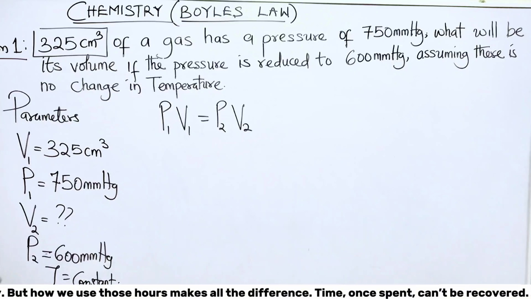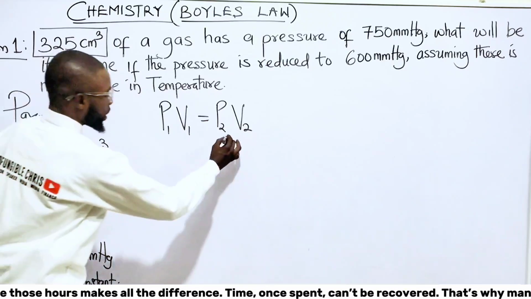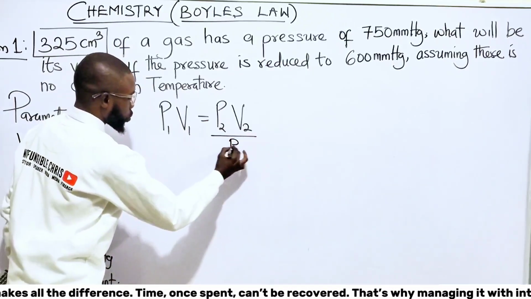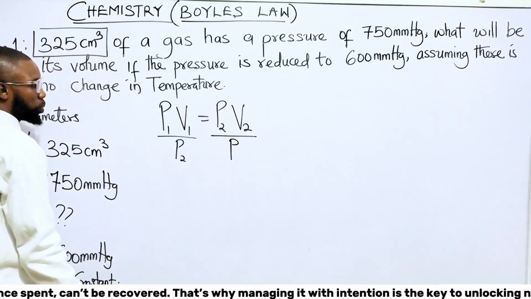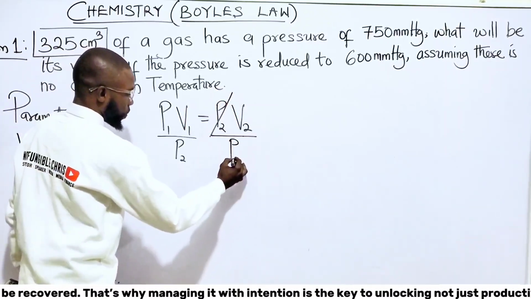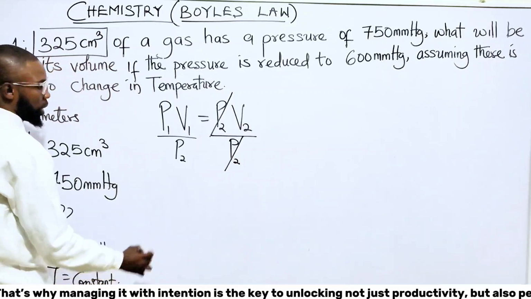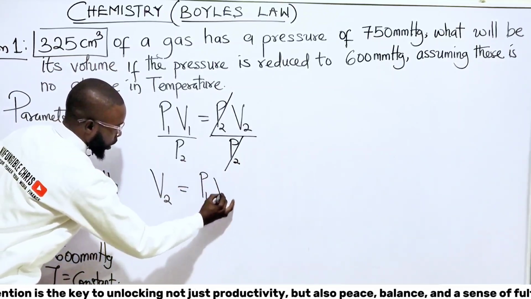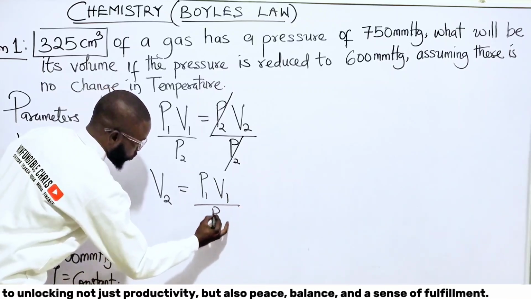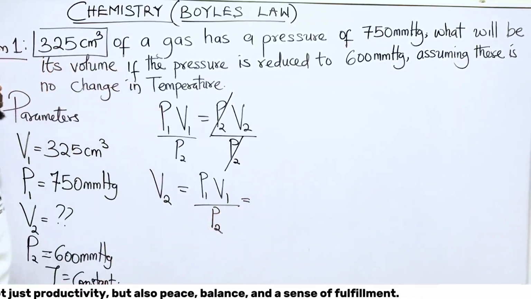In this case, we're looking for volume 2, so we divide both sides by pressure 2 because we want volume 2 to stay alone. P2 cancels out here. In that case, V2 becomes P1 V1 over P2.